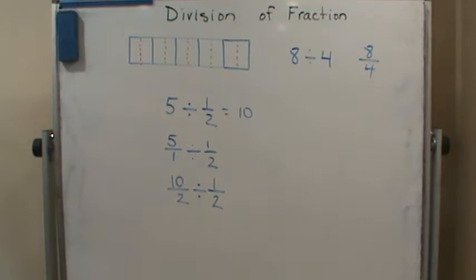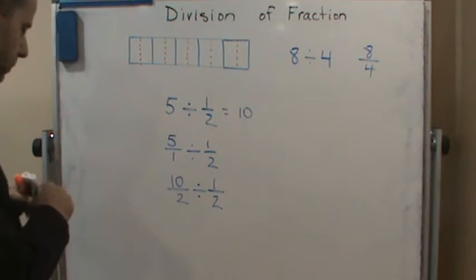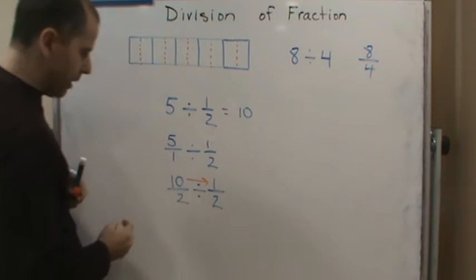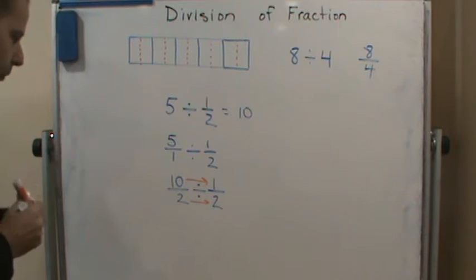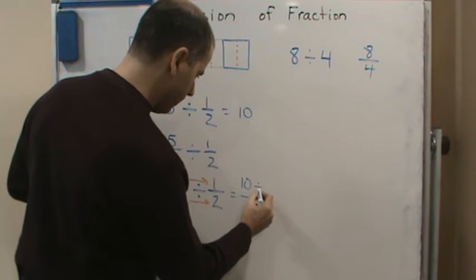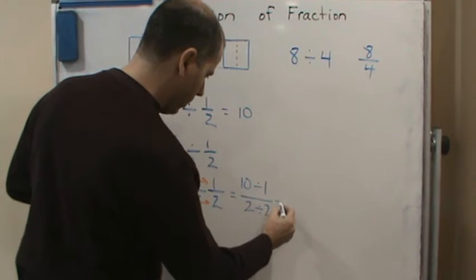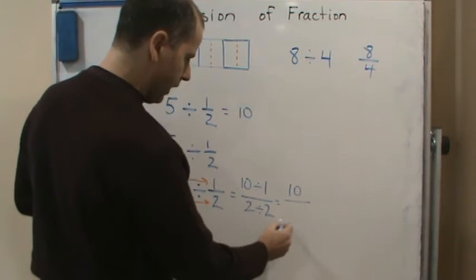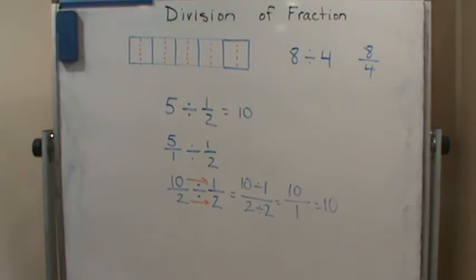Now that we've got a common denominator, we can divide across the top and divide across the bottom. We get 10 divided by 1, and 2 divided by 2. What's 10 divided by 1? 10. What's 2 divided by 2? 1. And we get the same answer.